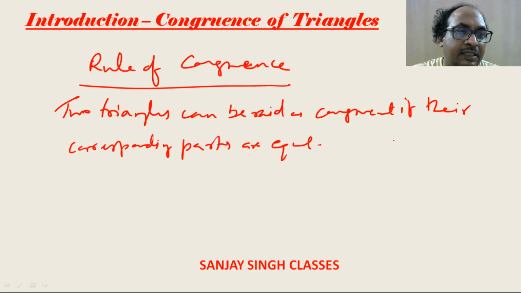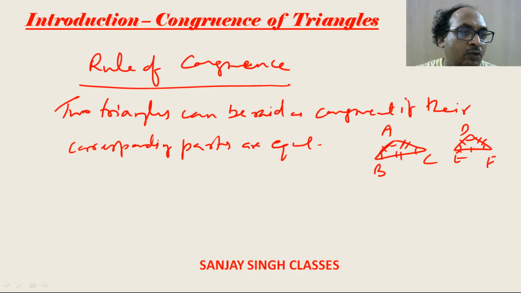In that case, if two triangles are given to us, ABC and DEF, and if their corresponding parts are equal, like angle A is equal to angle D, angle B is equal to angle E, and angle C is equal to angle F. Similarly, AB is equal to DE, AC is equal to DF, and BC is equal to EF.